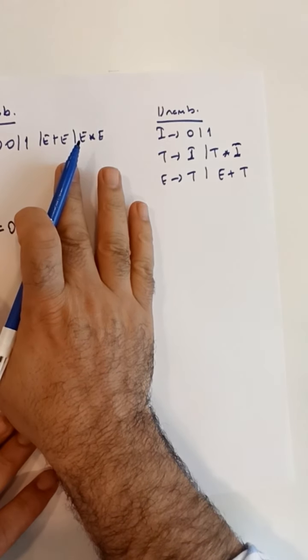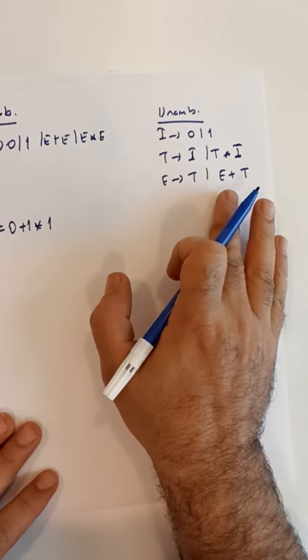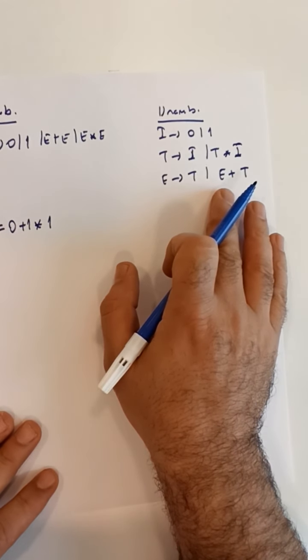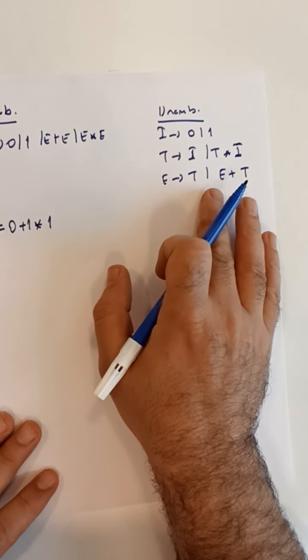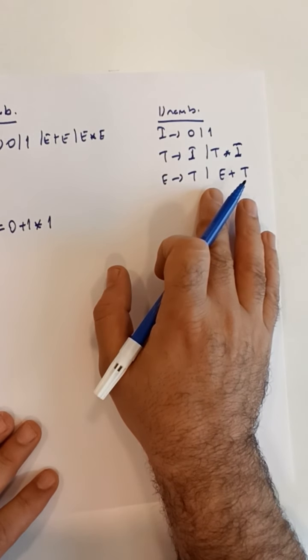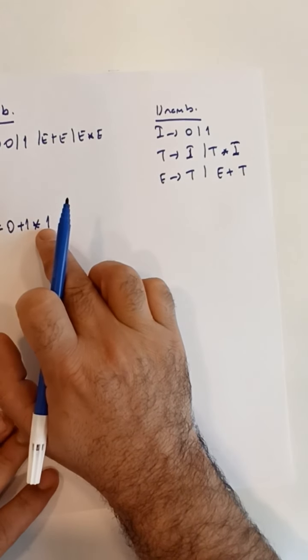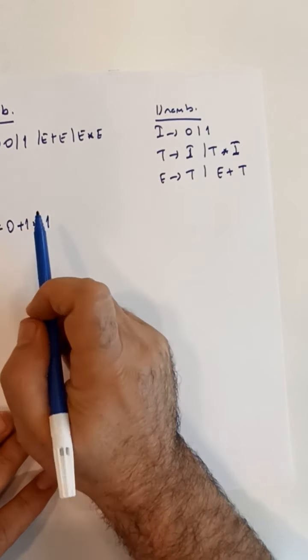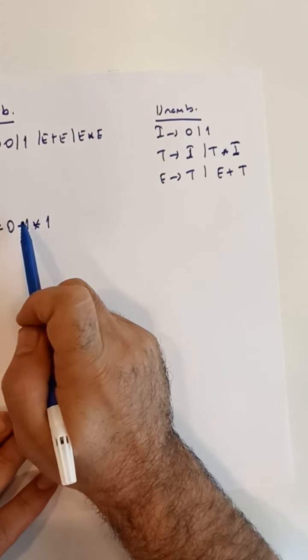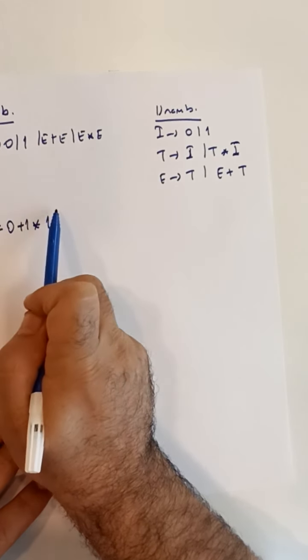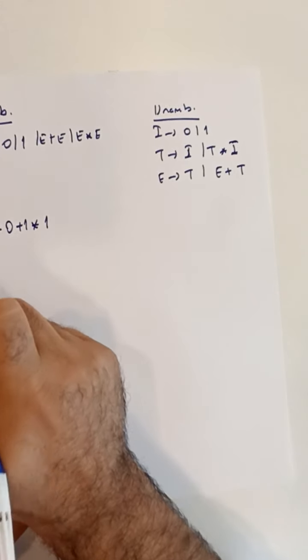However, we will see that this unambiguous grammar will allow us only a single derivation, which will be the correct derivation with respect to the rules of precedence: first do the multiplication and then do the addition. Let's see if that is the case.